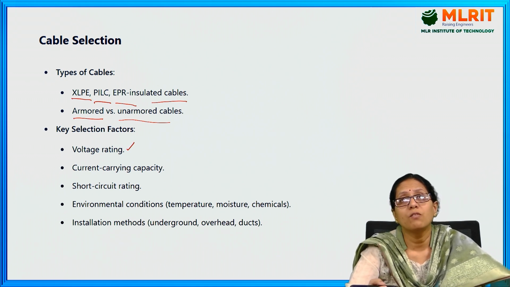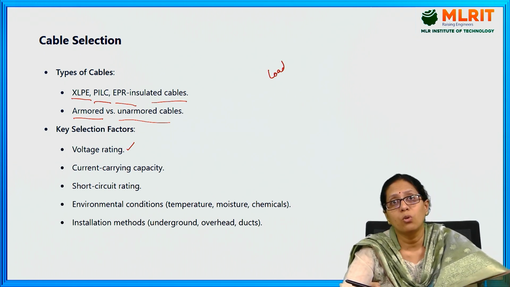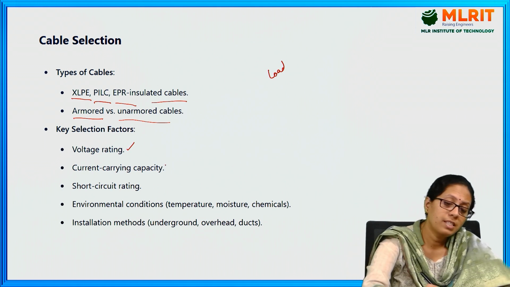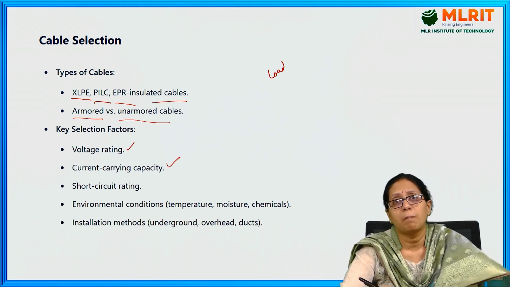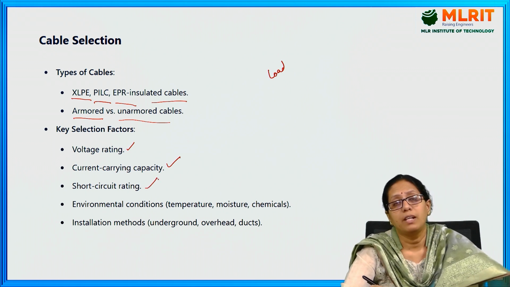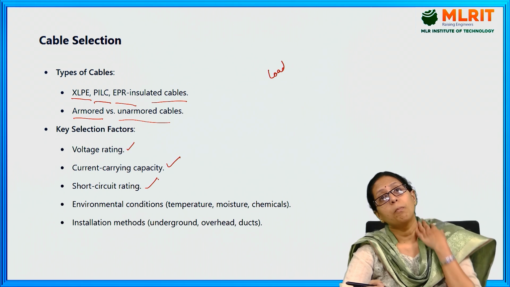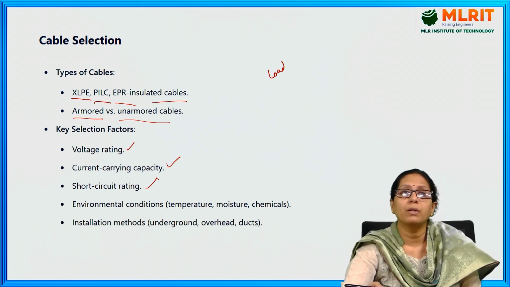Based on the voltage rating of a load, we will decide which type of cable should be selected. The second one is current carrying capacity. The current carrying capacity of the cable is also one of the key factors. Third one is short circuit rating. If any kind of fault or short circuit occurs in the middle of a circuit, the cable should be able to bear that particular short circuit current.